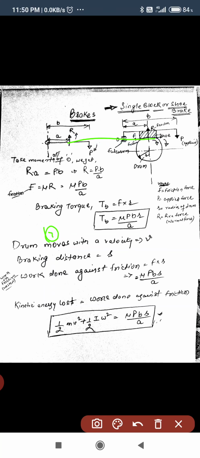Why I put this in the direction: as you studied in mechanics, when I take the moment about O, the moment of this frictional force becomes zero, because it is in the line of action.